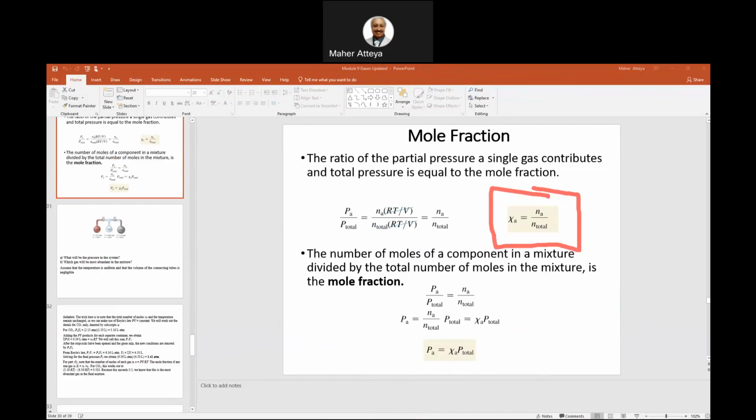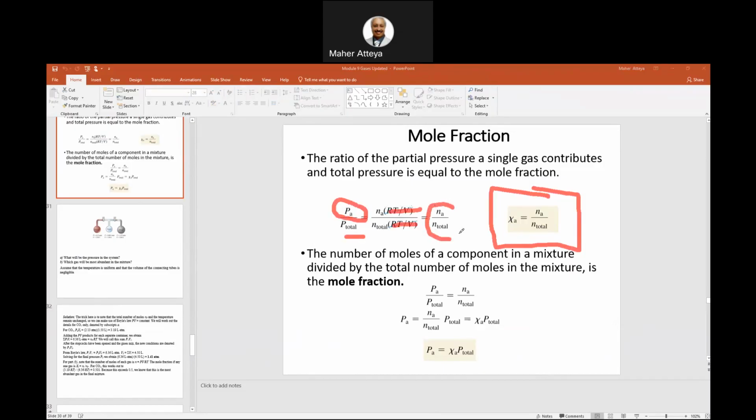How do we get to this conclusion? Well, we applied the ideal gas equation, or ideal gas law. This is the partial pressure of gas A divided by its total. So this one will be RT divided by V. RT cancels out because there is no change. So it will be NA divided by N total.